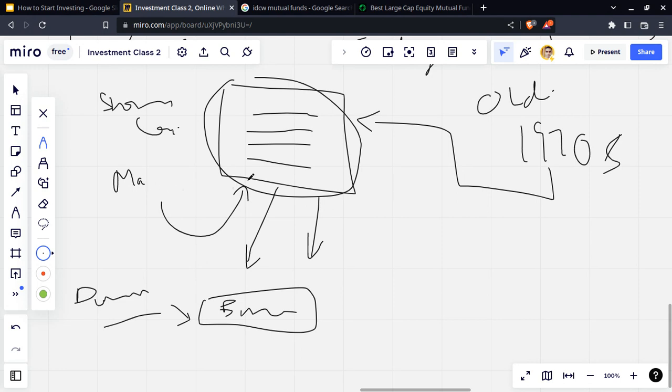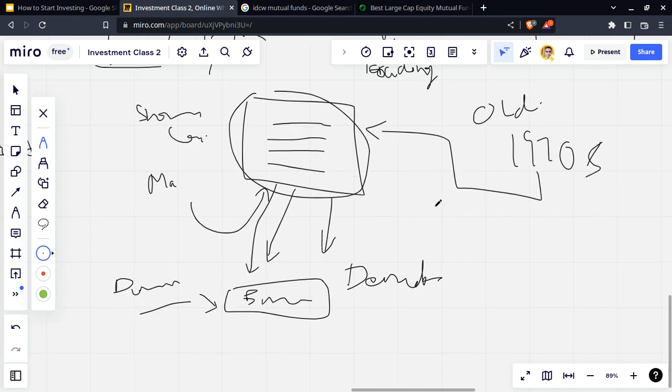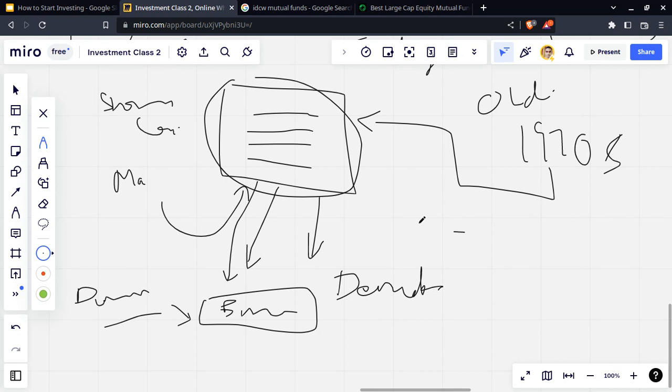These accounts where shares are stored in dematerialized form are known as demat accounts. Demat is short for dematerialization. And who stores this information, who maintains our demat accounts? There is something called a depository.